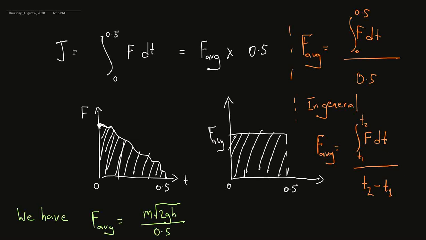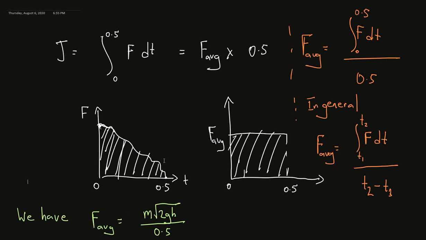And that should give you the average force. If you look at this formula, it becomes clear that these 0.5 seconds, which was the time that the particle took to change from a very large initial velocity to a final velocity of 0, if we keep increasing this, then the average force keeps decreasing.